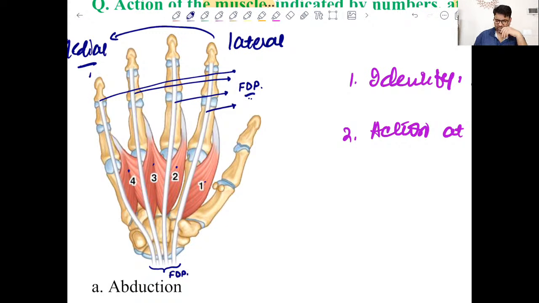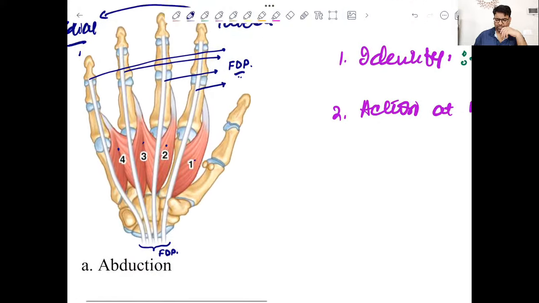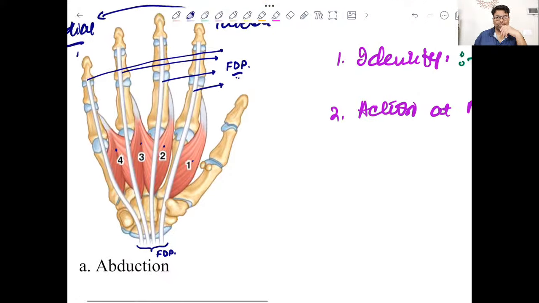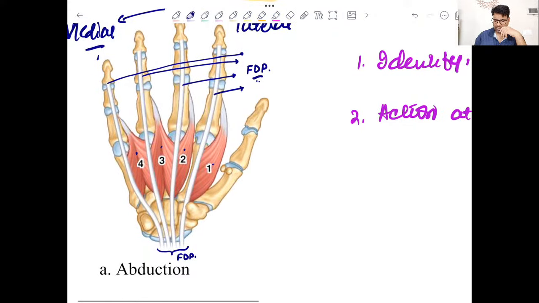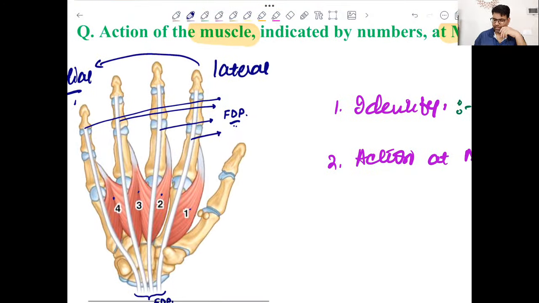Because there are some intrinsic muscles of the hand which arise from the flexor digitorum profundus. Anyone? Okay, Sneh, that is one thing. Yes, you are right. Unipennate, bipennate, that's okay.